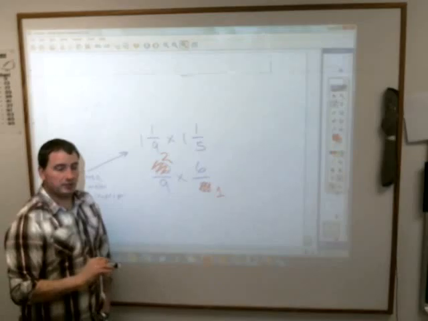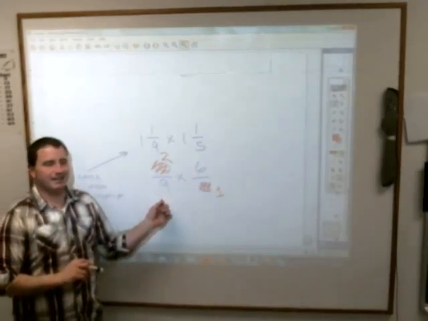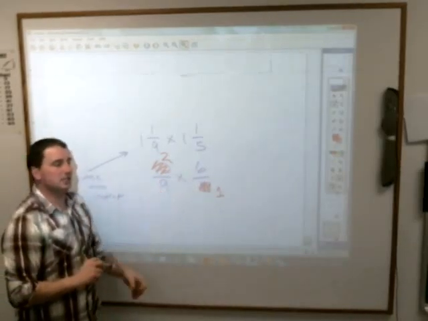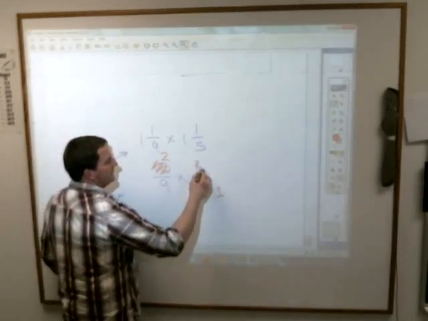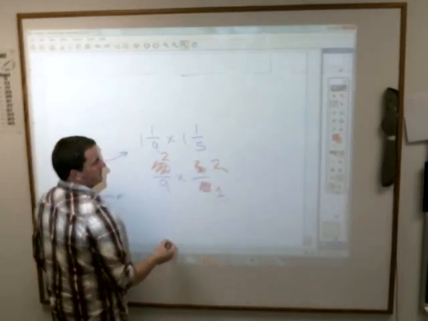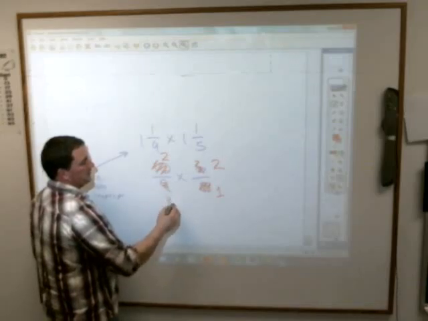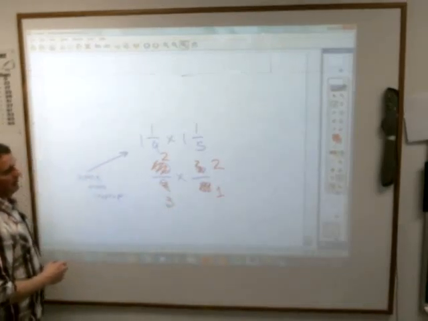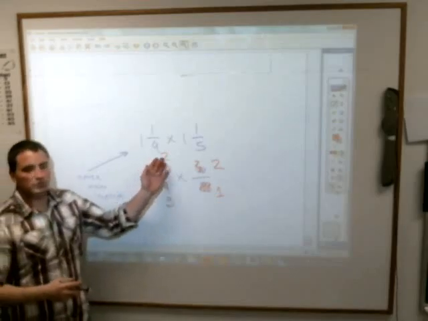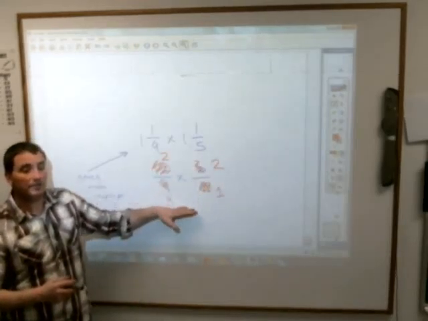That's not the only one. There's more. What about 6 and 9? What number goes into 6 and 9? 3. So I divide 6 by 3, I get 2. I divide 9 by 3, I get 3. And the other ones? You can't do two top numbers. It has to be a top and a bottom.